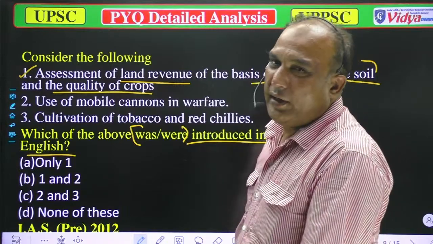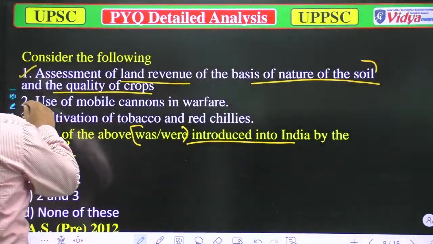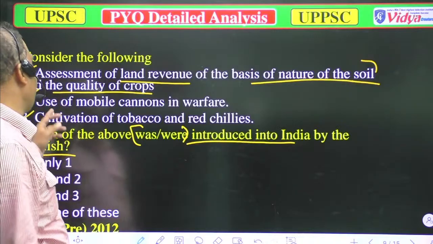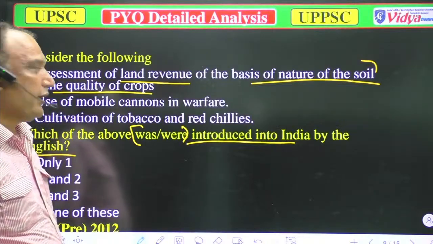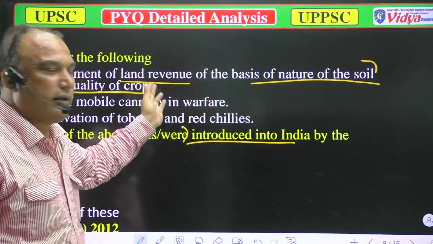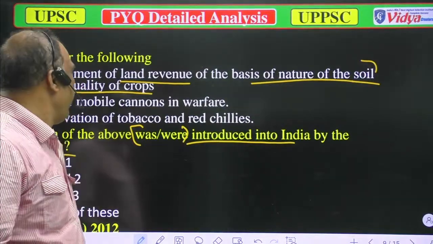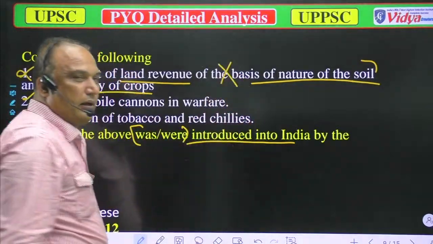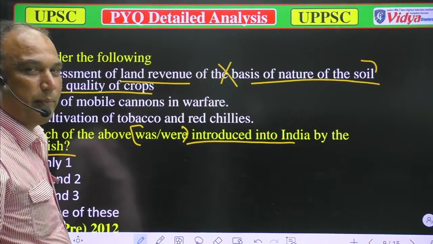So basically, cultivation of tobacco, use of mobile cannons in warfare, that is the right answer. Use of mobile cannons, but the first point is not correct because the Mughals also adopted this policy. They fixed revenue on the basis of nature of soil and the quality of crops, so that was present in the previous Mughal period.